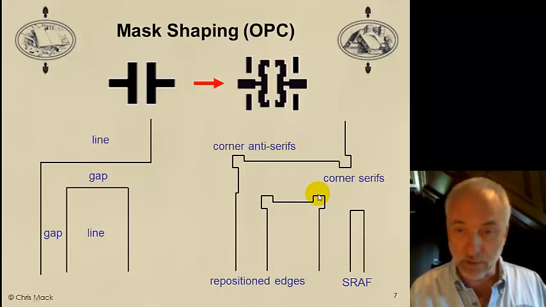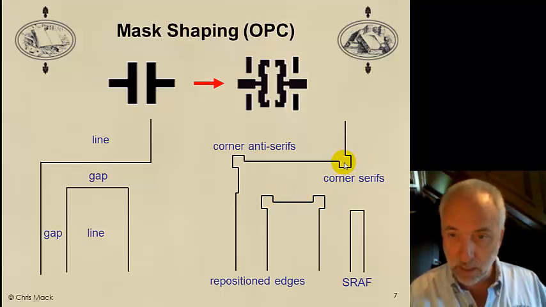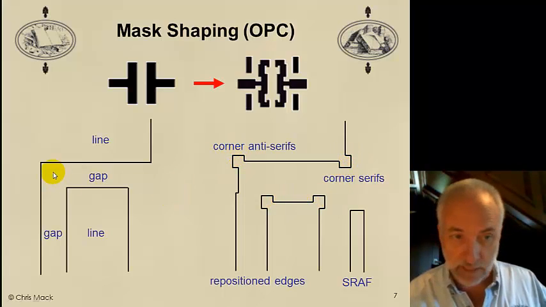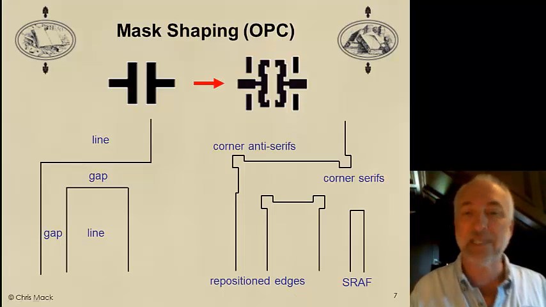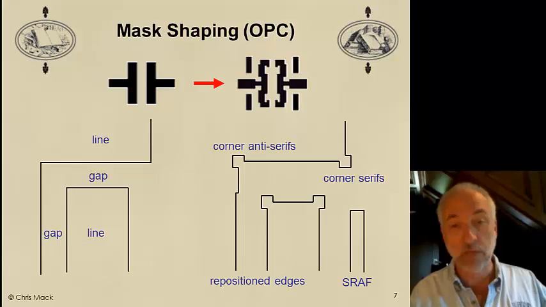So the first thing I'll do is add some serifs. For example, these little corner bulges on the line, and on this corner, an anti-serif where I take a little notch out of this corner here. These serifs help to make the corners less rounded than they otherwise would be.